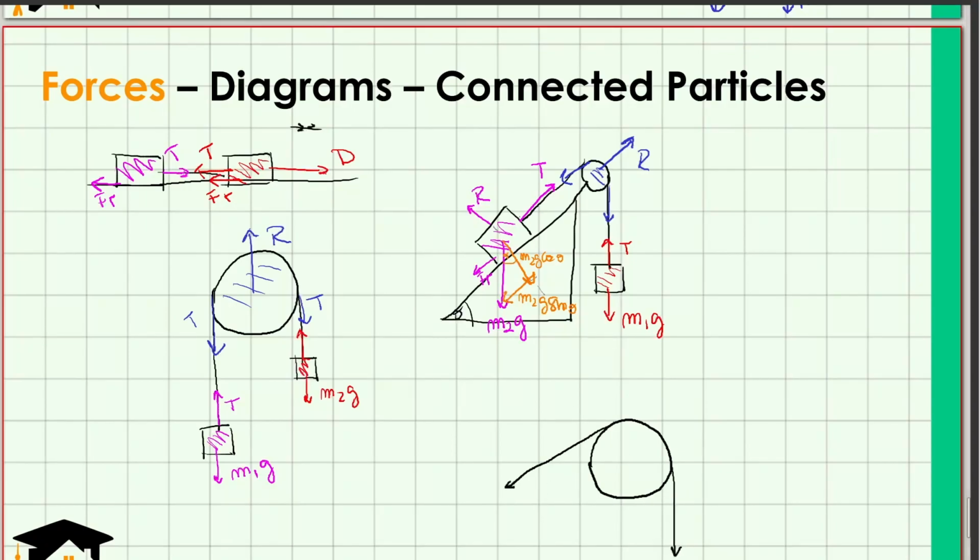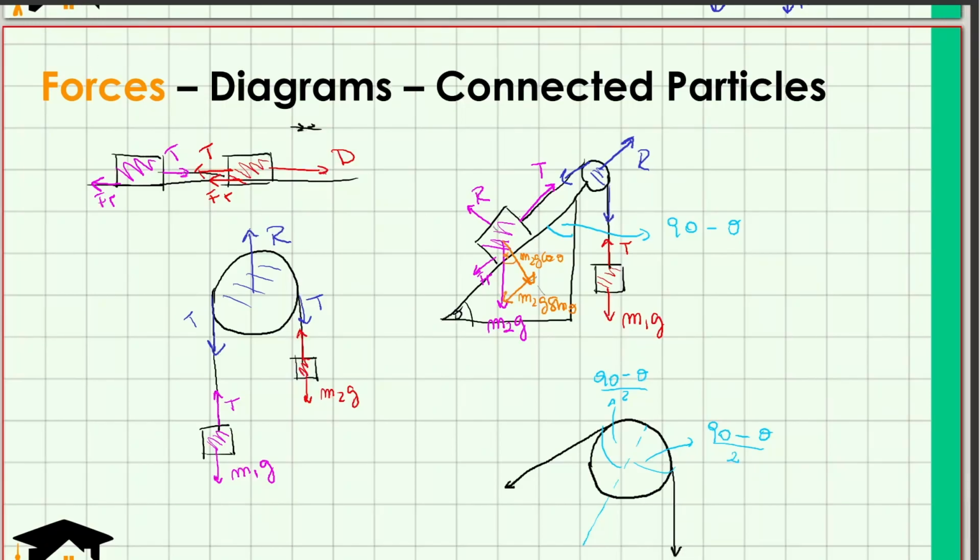Now, because this is a right triangle and this angle is theta, this angle here is 90 minus theta. And so when we divide this by 2, we have 90 minus theta divided by 2 and 90 minus theta divided by 2.